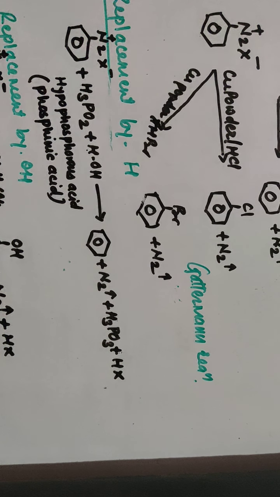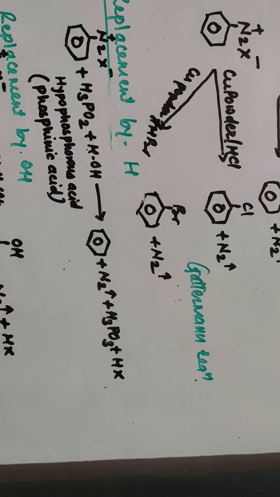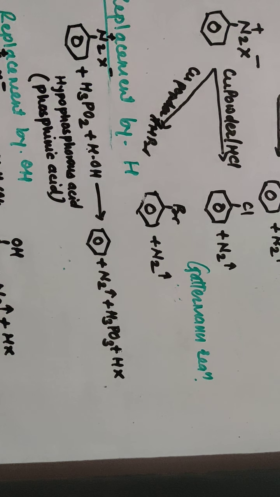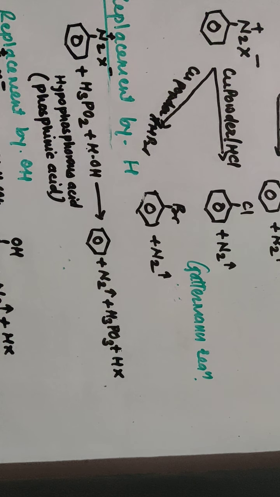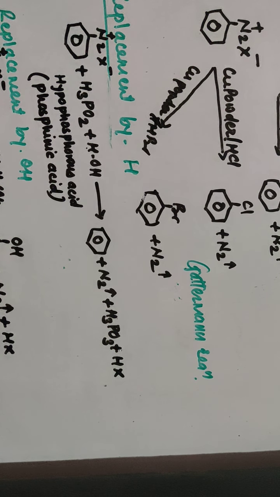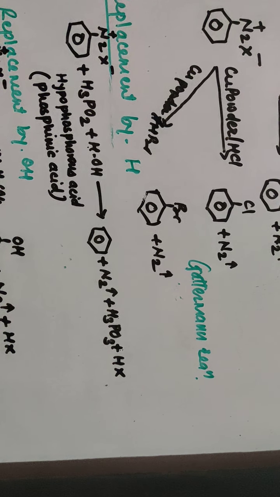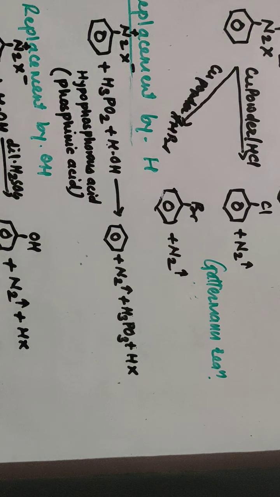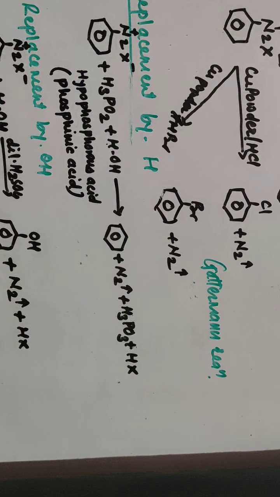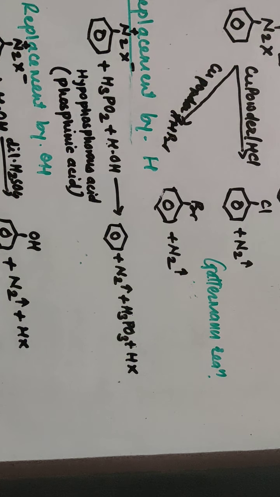When benzene diazonium halide is heated with fluoroboric acid, there is a formation of benzene diazonium fluoroborate. On heating, it just decomposes and gives you fluorobenzene, but when it is heated with sodium nitrite and copper, the corresponding nitrobenzene is formed, where there is a replacement of the diazonium group by the NO2 group, that is a nitro group.